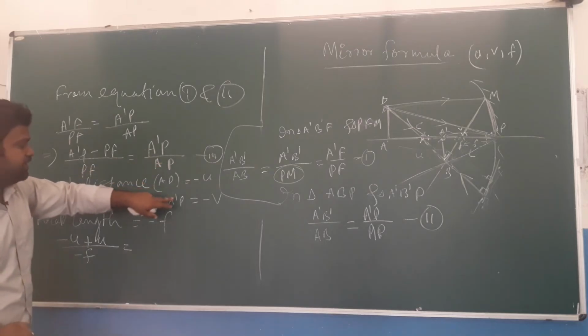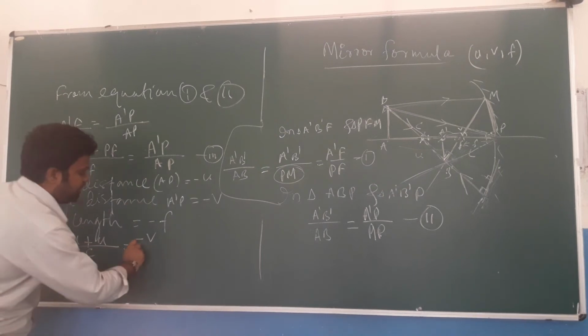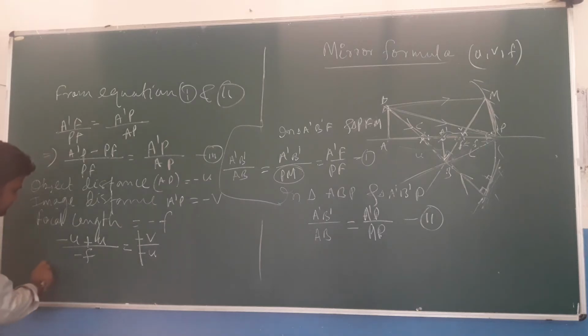What is A'P? A'P is minus v, and what is AP? AP is minus u. So now this minus will cancel out, so let us cross multiply it.